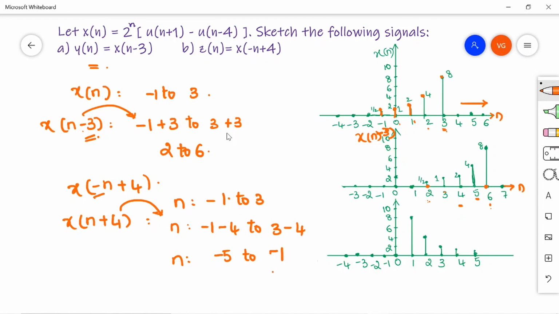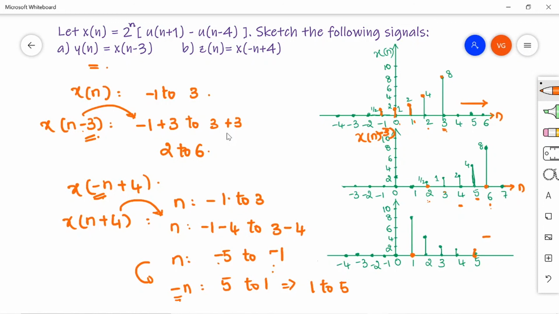As they are asking for minus n, then what happens? N has the range from minus 5 to minus 1. Then minus n will have the range from 5 to 1, or else you can take it 1 to 5. Right? So the signal has from 1 to 5. But in the reverse order, as they are taking minus, that is the inverted version of the signal you have to take.